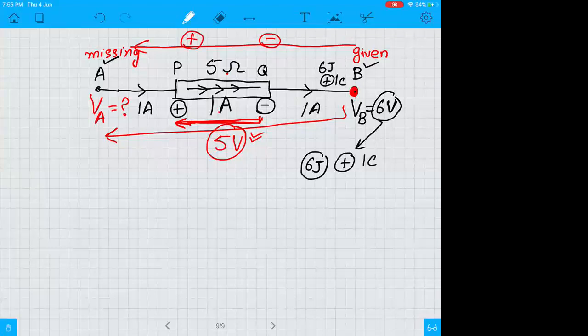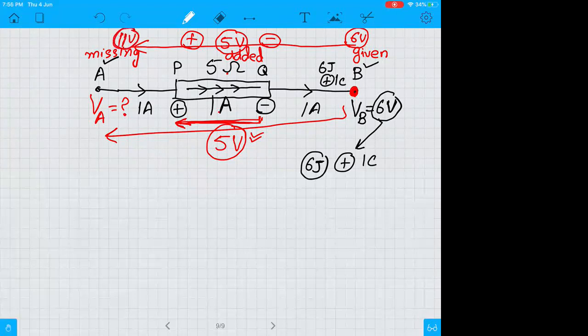So from negative to positive, this 5 volt will be added. Since you are moving from low potential to high potential, 5 volt will be added. So here you have 6 volt, and this 6 volt plus this 5 volt will become 11 volt. So here you will get a potential of 11 volt.